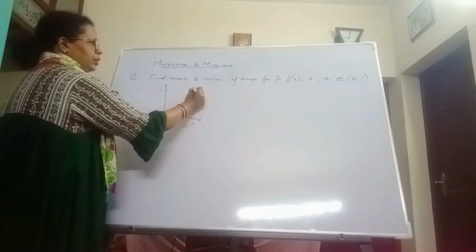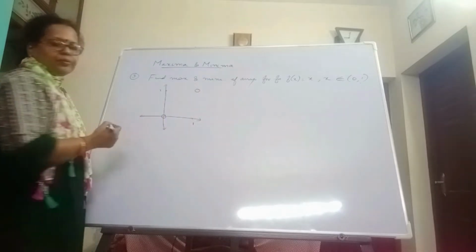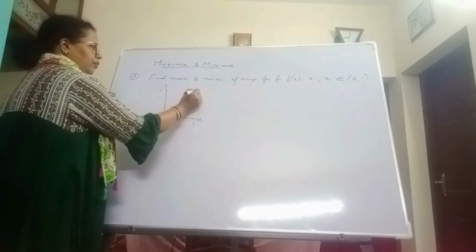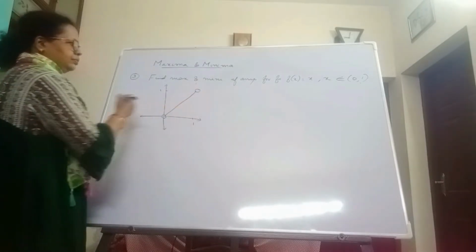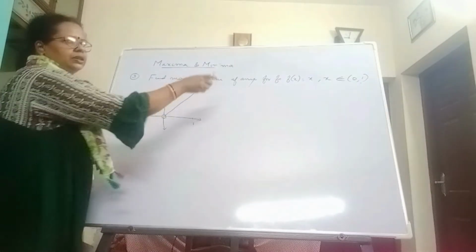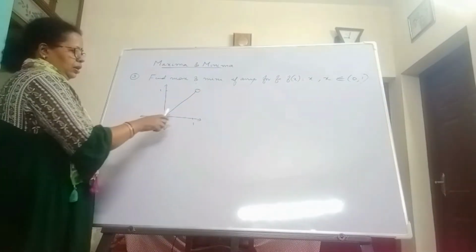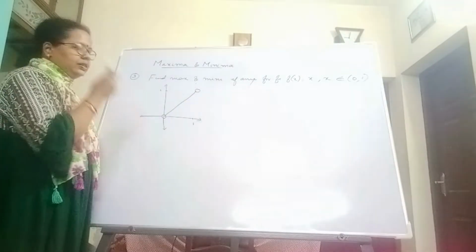That point also we have to exclude because it is an open interval. So the graph of f of x equal to x is this, with the two ends open because it is the open interval 0, 1. Now does this graph have any maximum or minimum? Let us check.